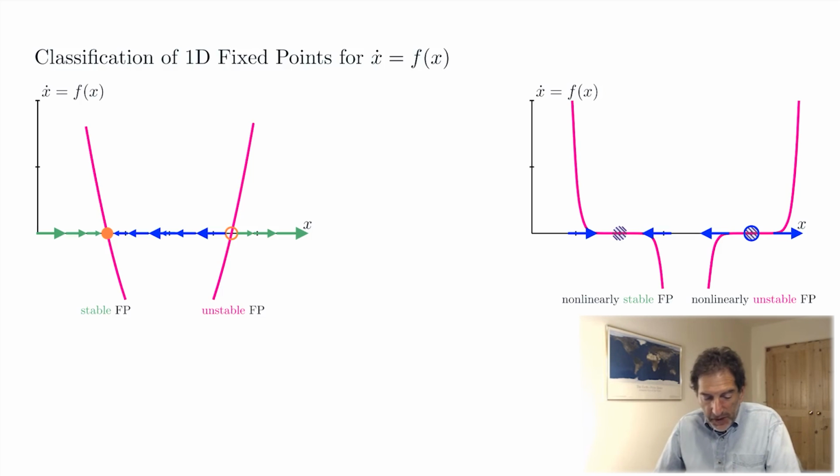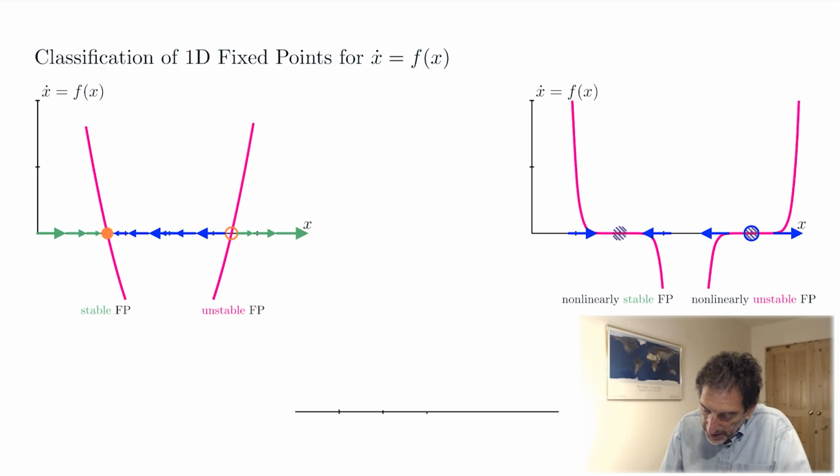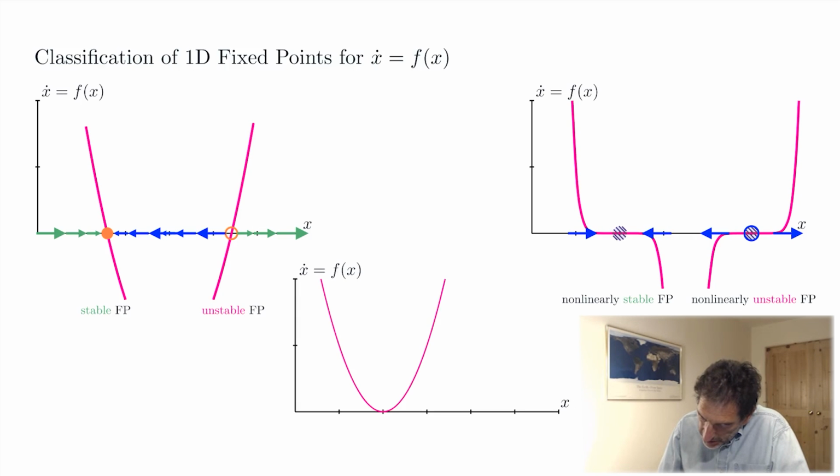Now there's 2 other types of fixed points that we haven't encountered yet, and they also require some exceptional circumstances for them to occur. So for example, if I have just a quadratic equation that just touches or just kisses the x-axis, so if I'm plotting again x dot equals f of x, if I have a parabola which just kisses the x-axis, what happens then? Well, we see that there is a fixed point because if we start right at the fixed point, f is equal to 0, so there is no flow.